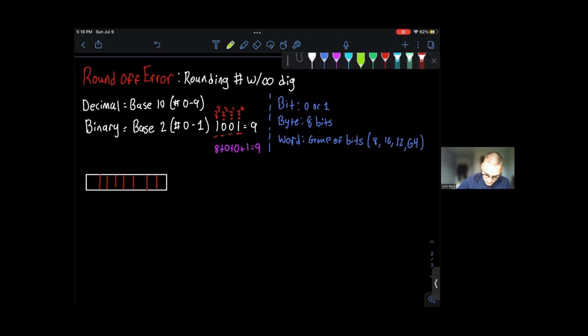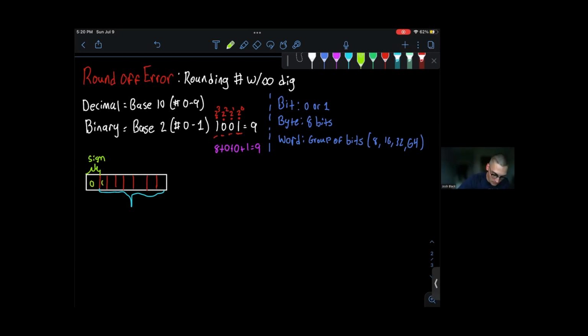The first slot here is our sign. All the other slots are our number. The signs go as follows. 0 is positive, 1 is negative.